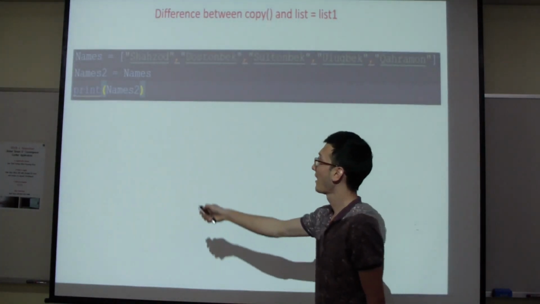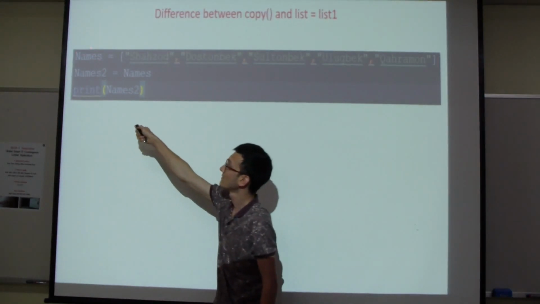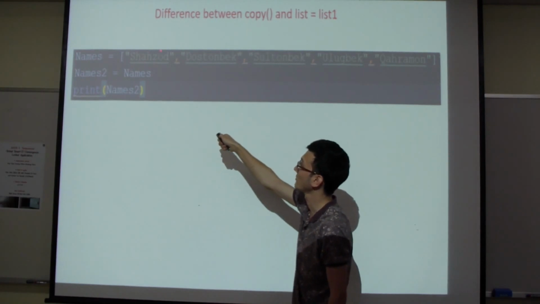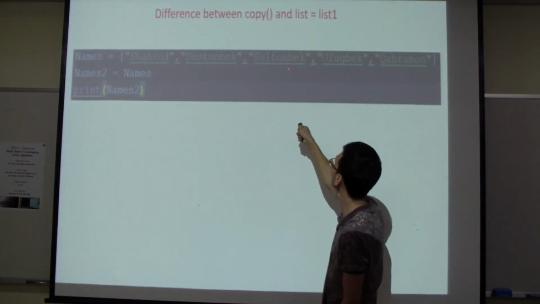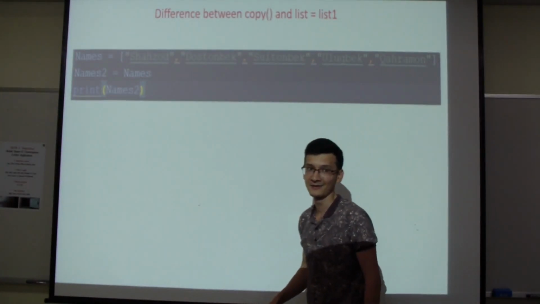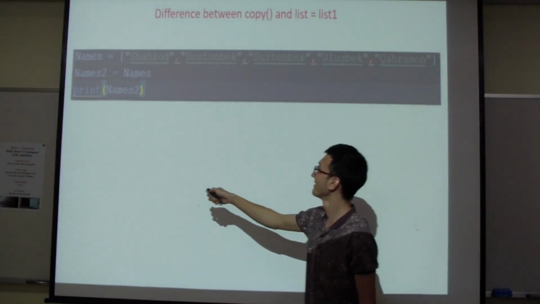Here we created what? Names list. This is a list and it includes these values: Shahzad, Dostanbek, Sultanbek, Ulubek, Kahraman. Don't be upset if your name is not here.